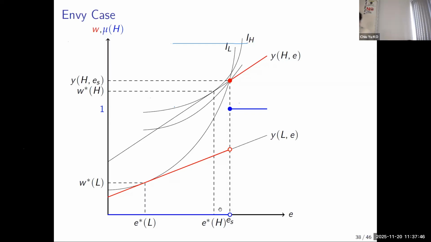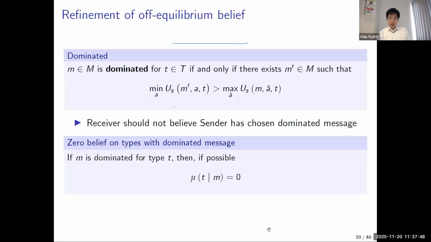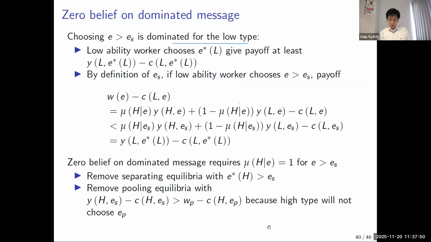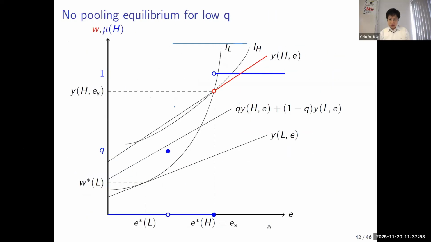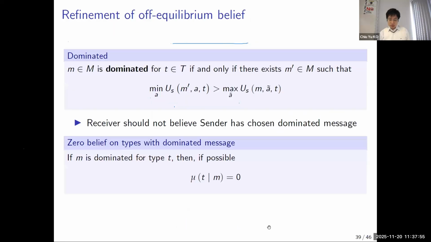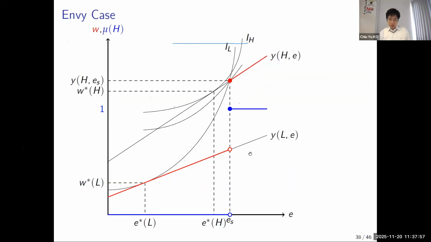Is the high type productivity. So the best case scenario is here, right? So you can imagine the low type gets this one, right?